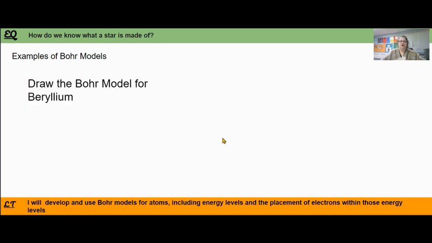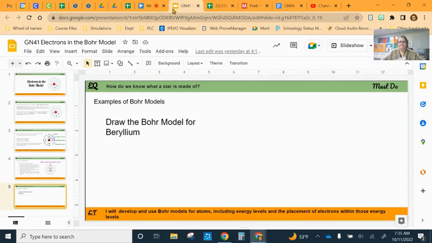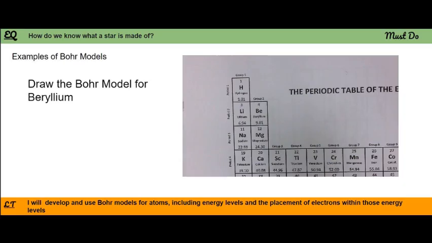Let's look at drawing a Bohr model for beryllium. We have to find it on our periodic table, and it's the 4th element.